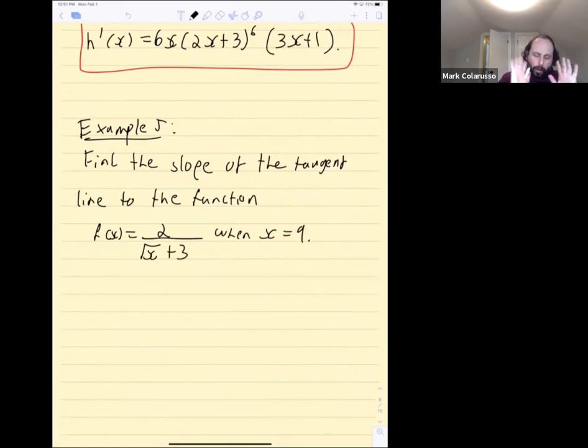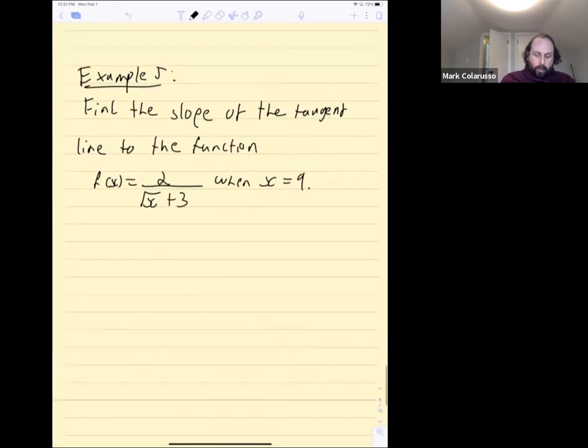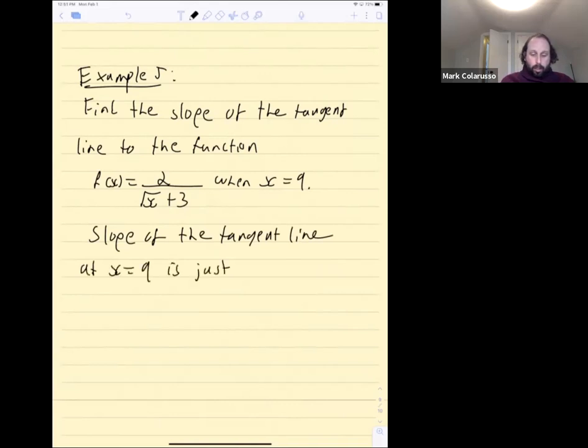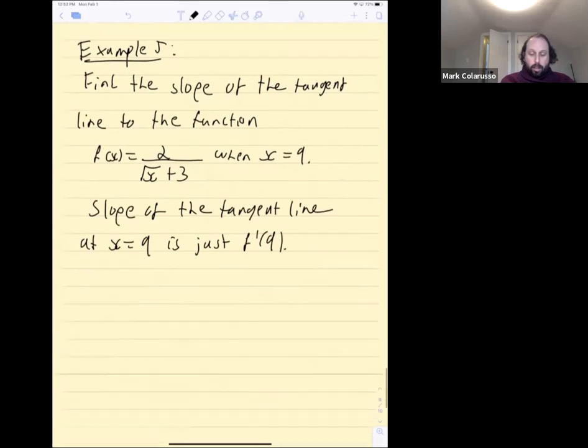So what does it mean to find the slope of the tangent line? Remember, the slope of the tangent line is the derivative evaluated at 9. The derivative is this function of slopes, which is giving you the slope at every point. So the slope of the tangent line at x equals 9 is just f prime at 9.